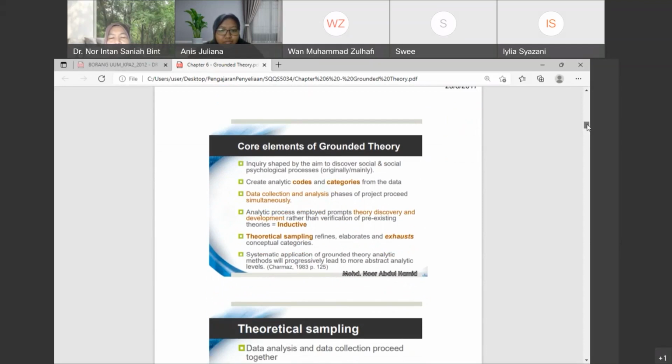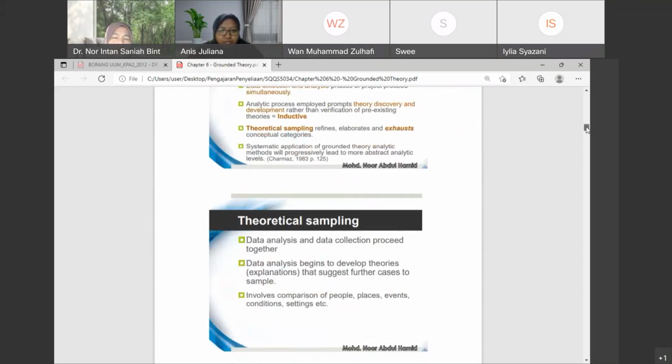Okay, according to Chalmers. Yeah, what does it mean, the theoretical sampling refines, elaborates, and exhausts contextual, conceptual categories? It means, as I mentioned just now, when we collect and analysis proceeds together, we develop the explanations.